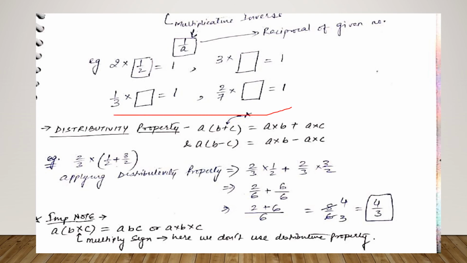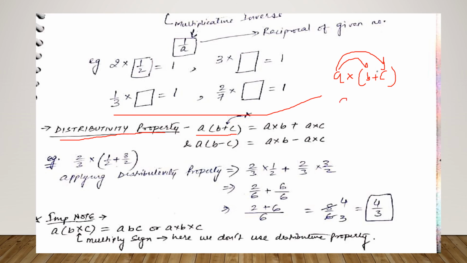These are some examples you can try. The last is the distributive property. What is the distributive property? Suppose you have a bracket b plus c. What does it mean? That you have to multiply a into b plus c. Simple it is. You have to multiply this a into b first, then a into c.